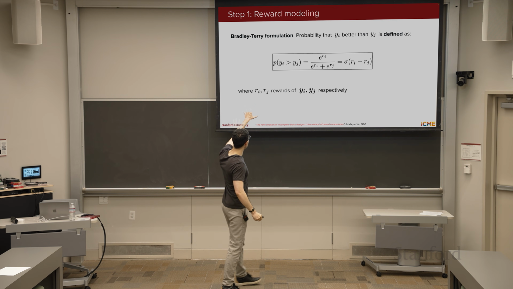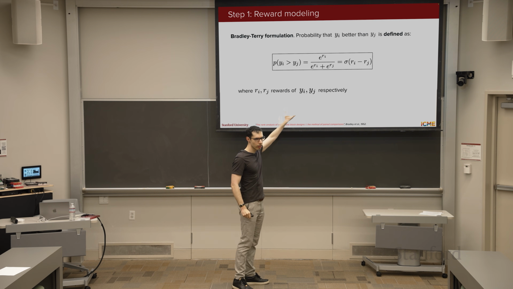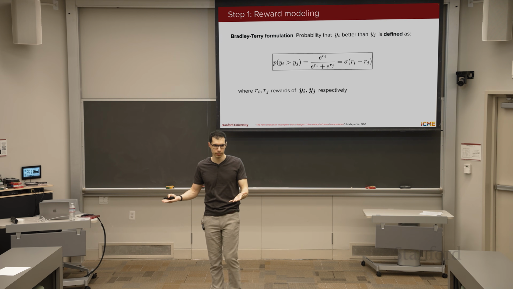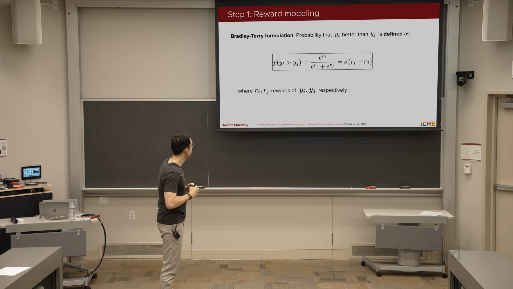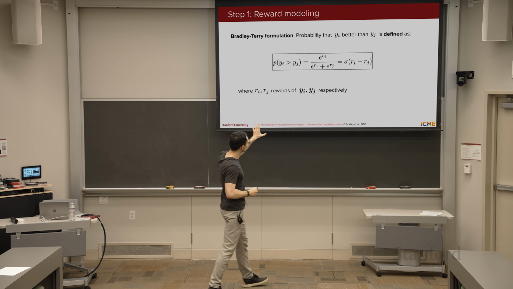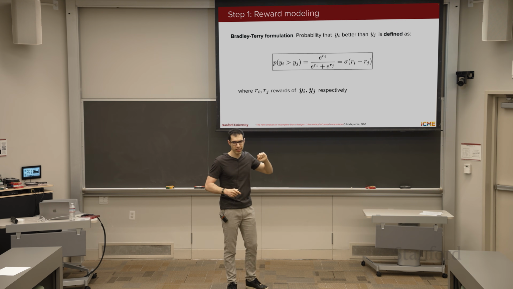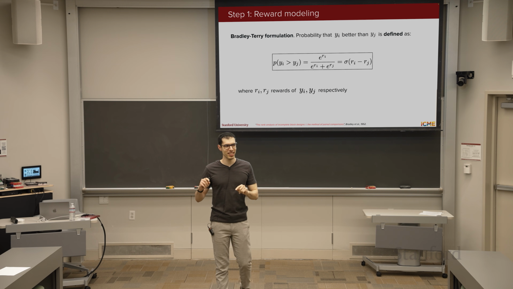That is called the Bradley-Terry formulation, and this is the formulation we will use to build our model. Here, it's also equal to sigma of Ri minus Rj. So who knows what sigma is?